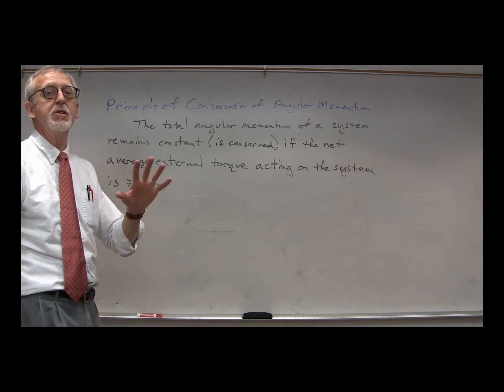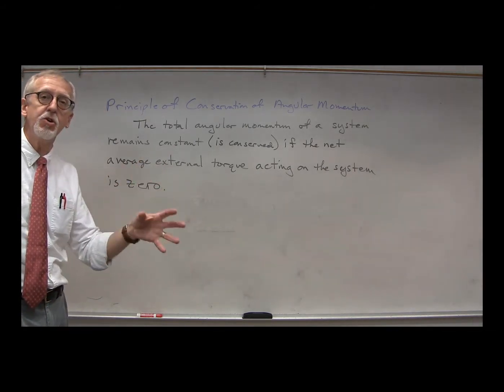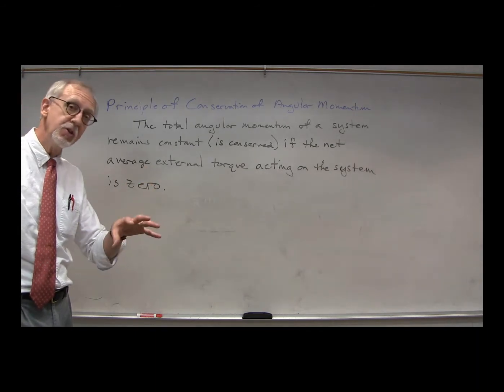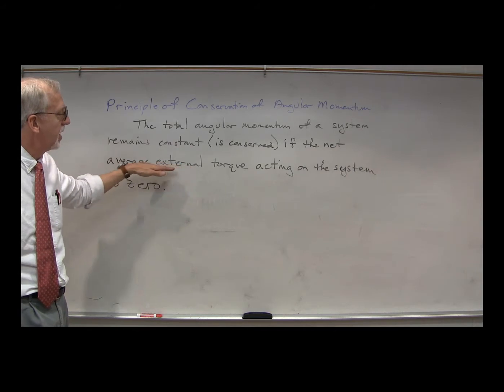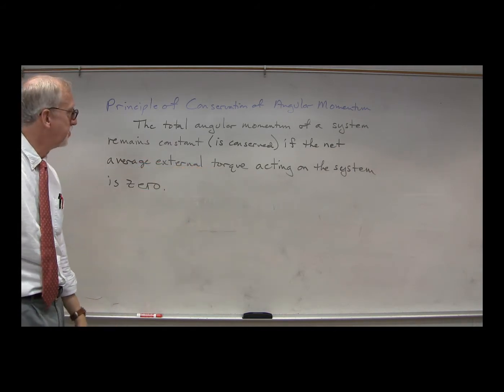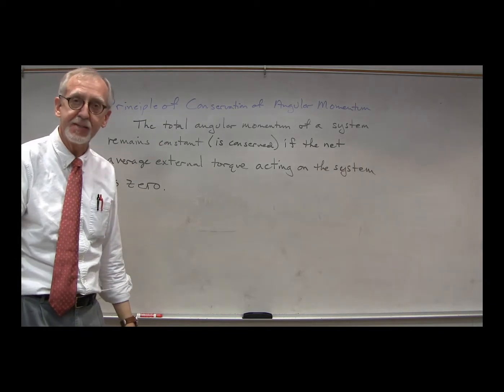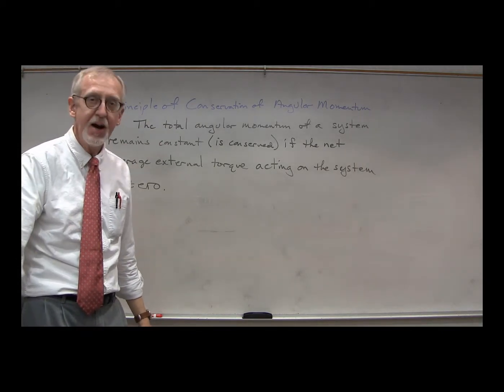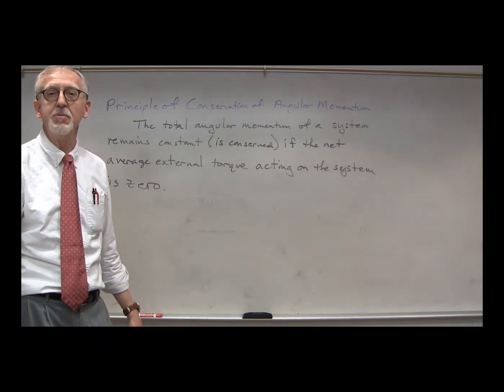So as long as there is no external torque, in other words, there could be internal forces creating internal torques, but as long as there is no net external average torque acting on the system, then the total angular momentum remains constant. In other words, it's conserved. This is a very, very important idea. Let's take a look at some physical examples.